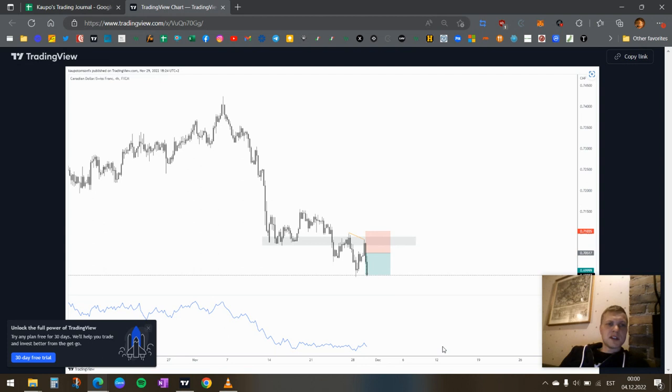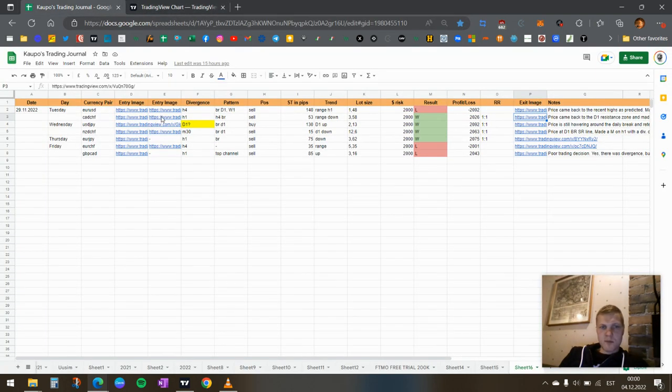Even if it's just an H4 chart, it's moving down, it's a downtrend, and it is a zone here. Price broke past it, came back to retest, moved down, came for a second retest, and did a divergence on H1.